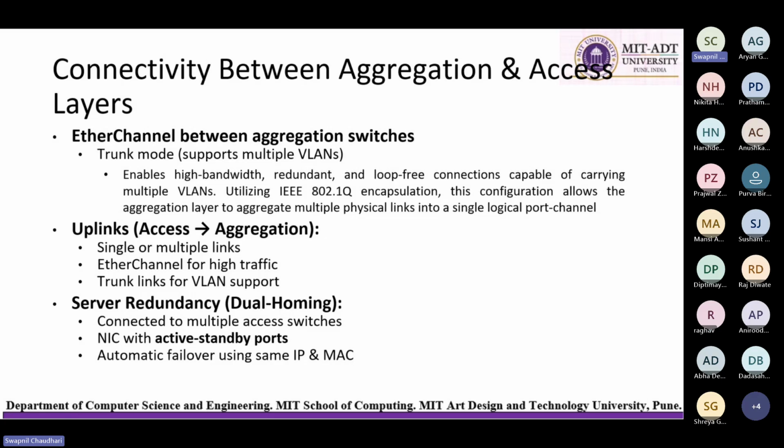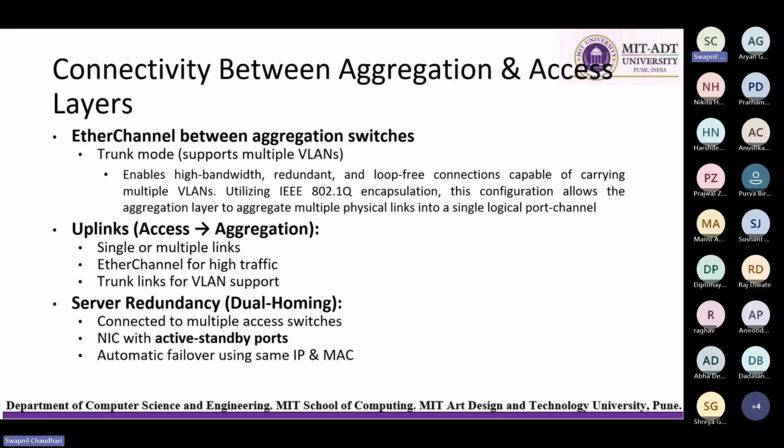Each server has a NIC, a network interface card, with two ports. These two ports work in active and standby mode, so one port is active and the other is on standby.